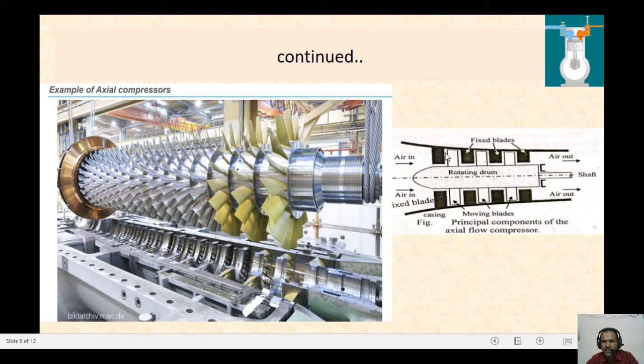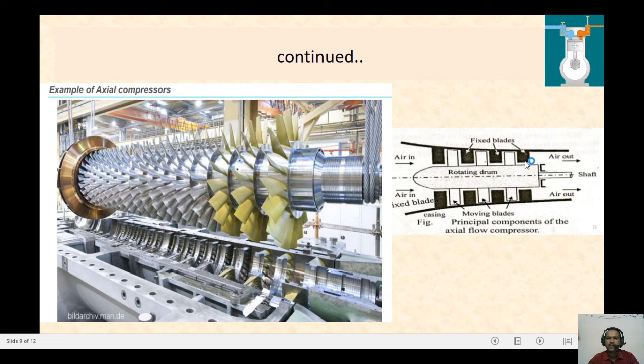Here the kinetic energy will be more, and here the kinetic energy will be less. Due to this decrease and increase in the kinetic energy, we get a continuous flow, and also we can maintain the highly compressed air from the first point to the last point.